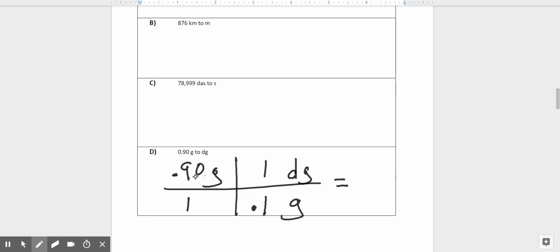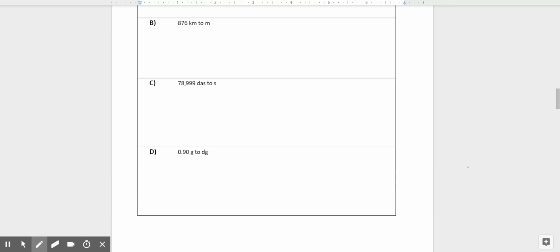So multiply across the top and the bottom. 0.90 times 1 is 0.90. And 1 times 0.1 is 0.1. 0.90 divided by 0.1 is 9. What's our unit? We canceled grams, and our unit is decigrams. So I'm going to scroll down some more to get to the next page.